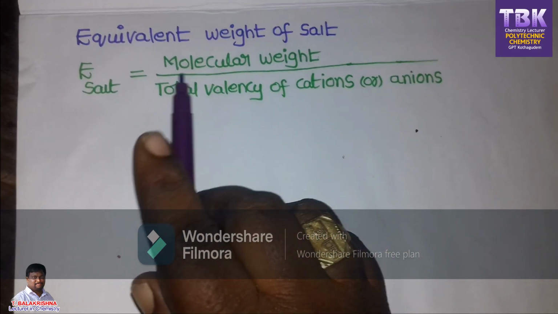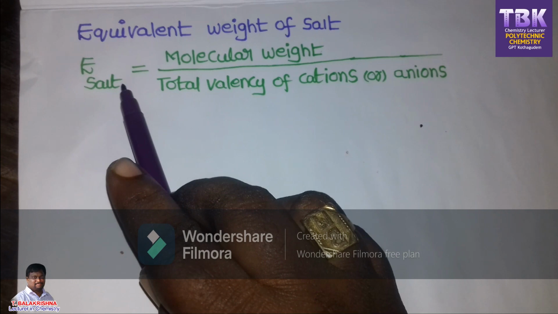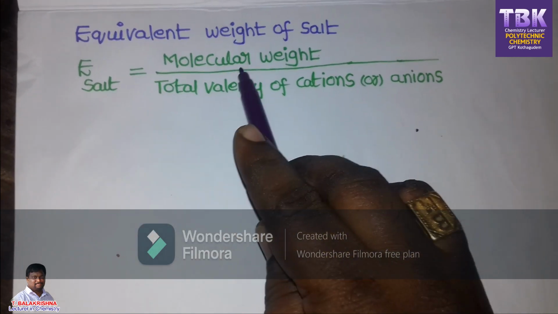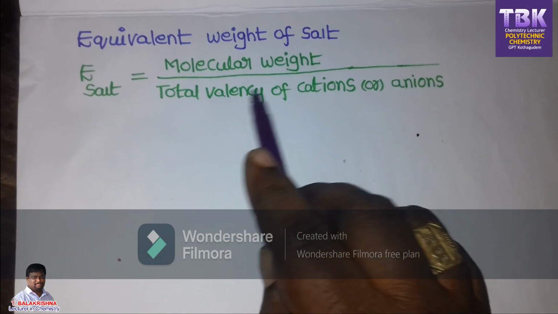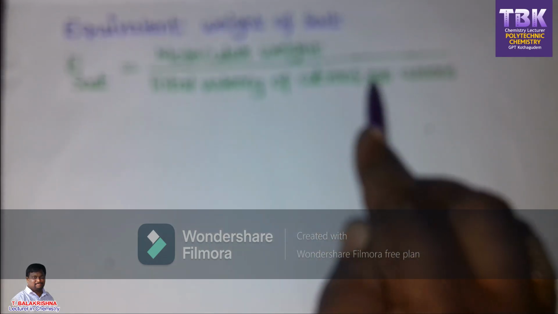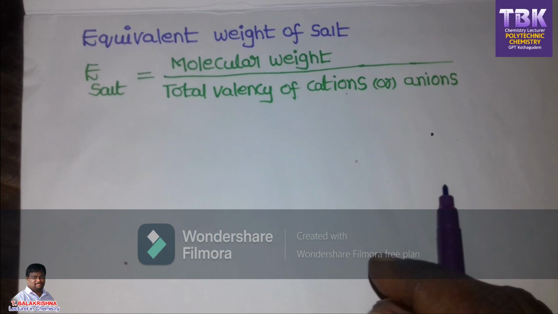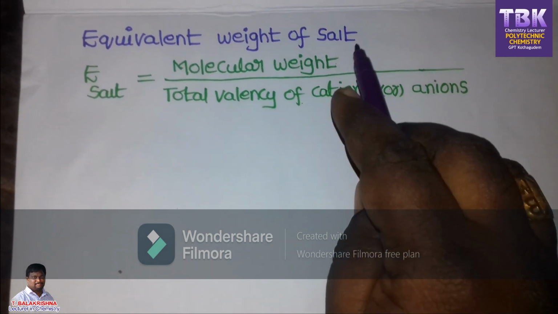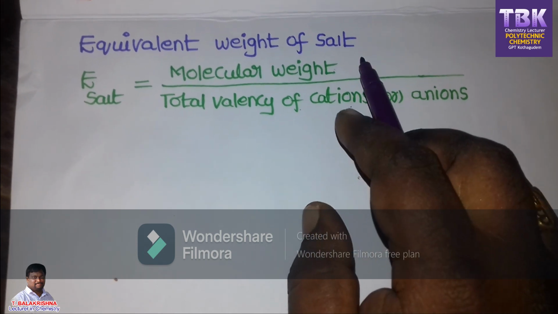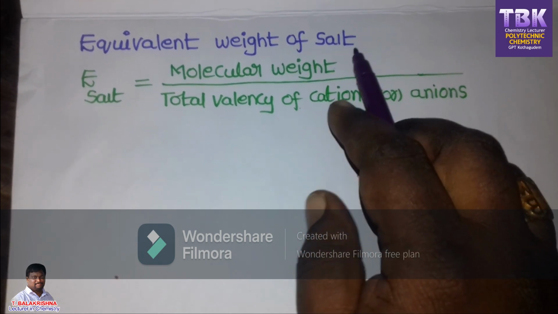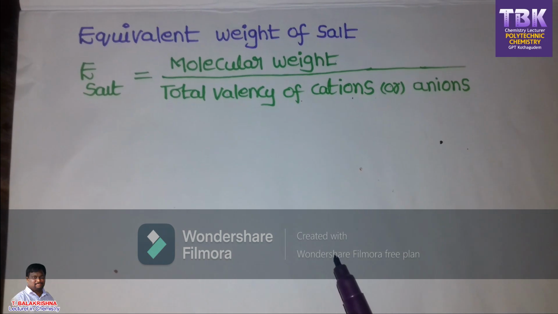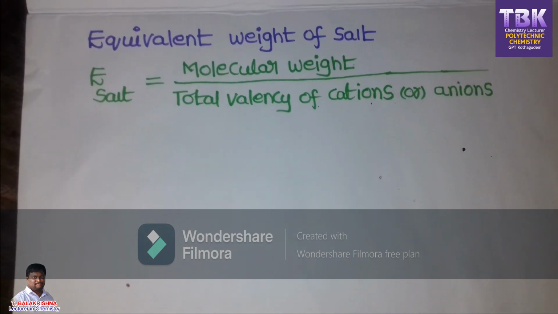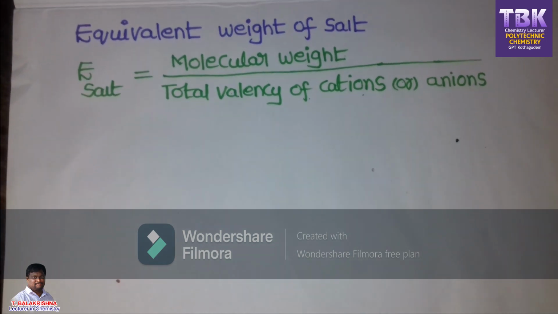If you want to calculate the equivalent weight of salts, the formula is: equivalent weight of salt is equal to molecular weight by total valency of cations or anions. An acid produces H plus ions, a base produces OH minus ions, and a salt produces neither H plus nor OH minus ions.